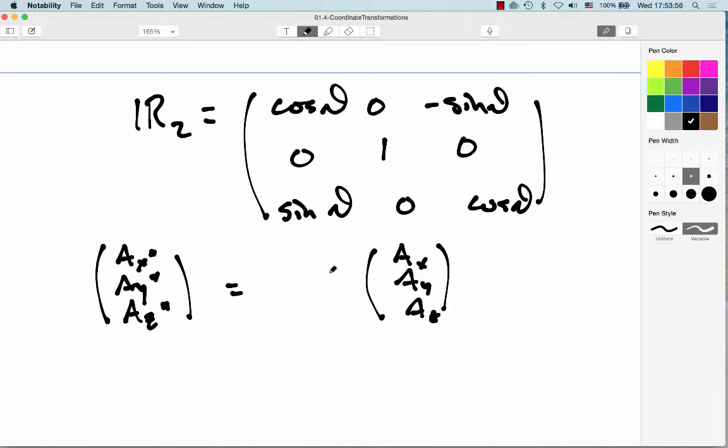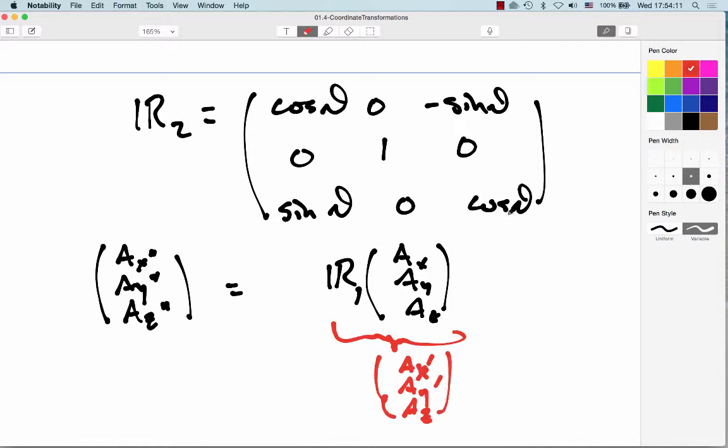Well, if I first apply R1 to it, that much right there is going to give me my ax prime, ay prime, az prime as an intermediate step. And then once I have that, I can go ahead and operate my R2 in front of it.